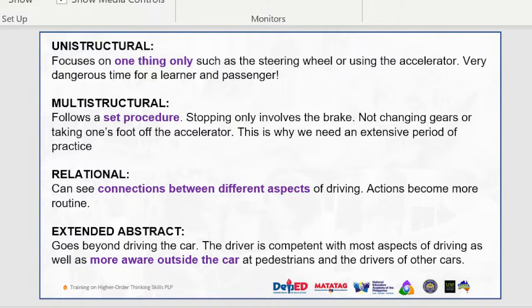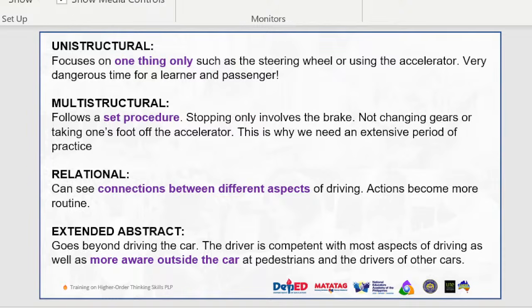At the relational level, the driver can see connections between the different aspects of driving. When to turn the steering wheel, when to push the accelerator, when to apply the brake, when to change gears. So the actions become more routine. He knows the connections of different activities in driving.